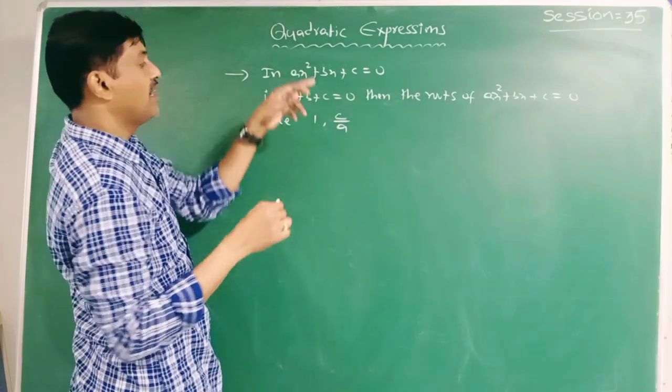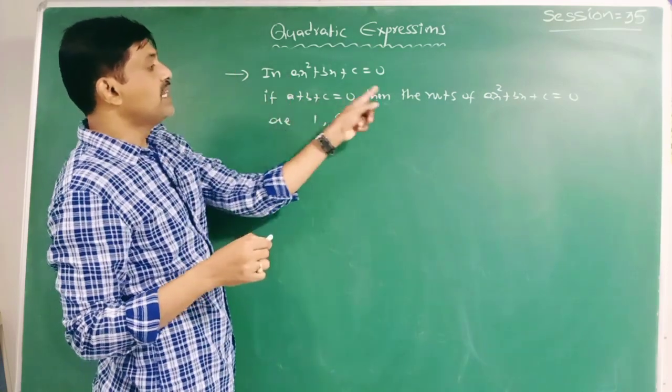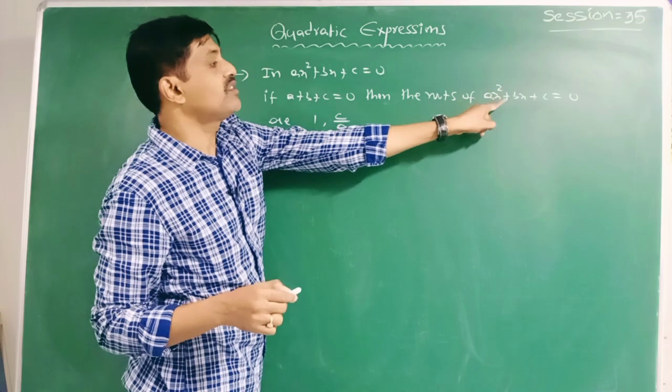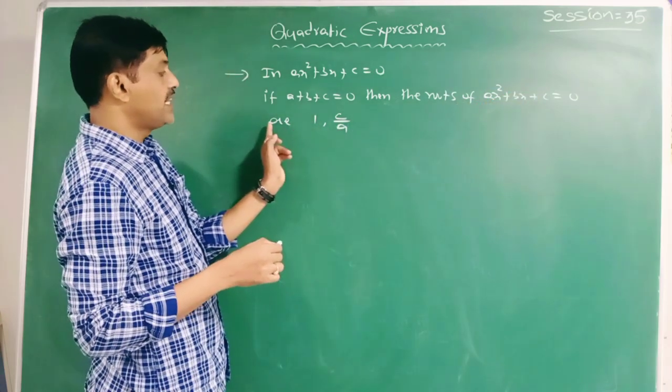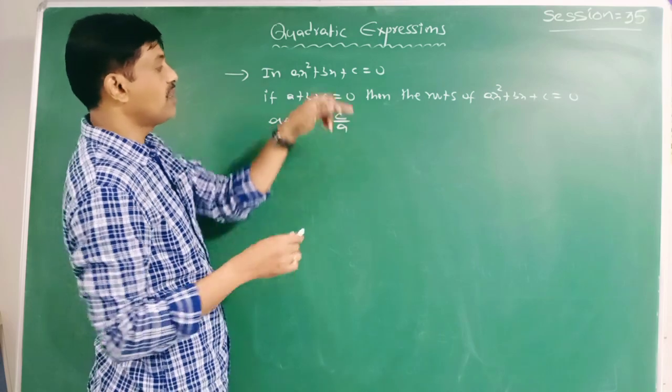Directly we have to say, if the sum of coefficients in the quadratic equation ax² + bx + c = 0 is 0, then directly our roots are 1 comma c/a.